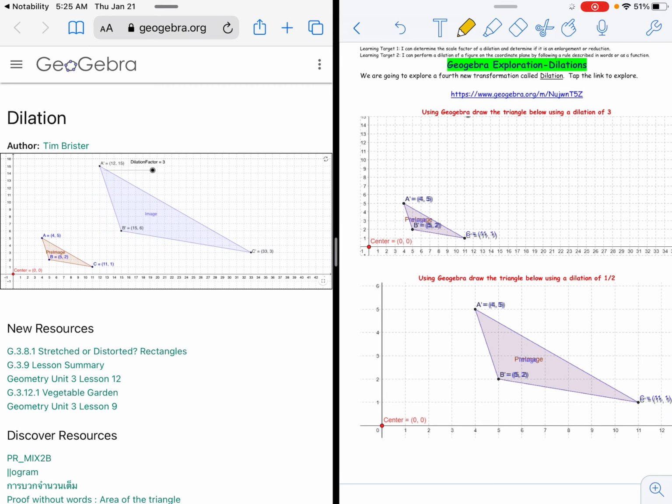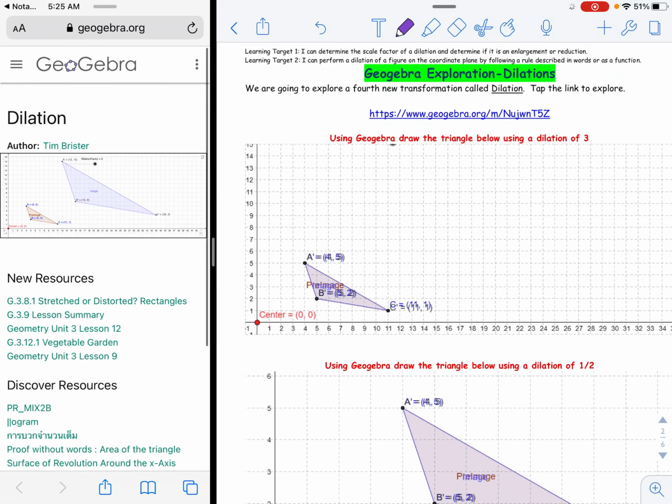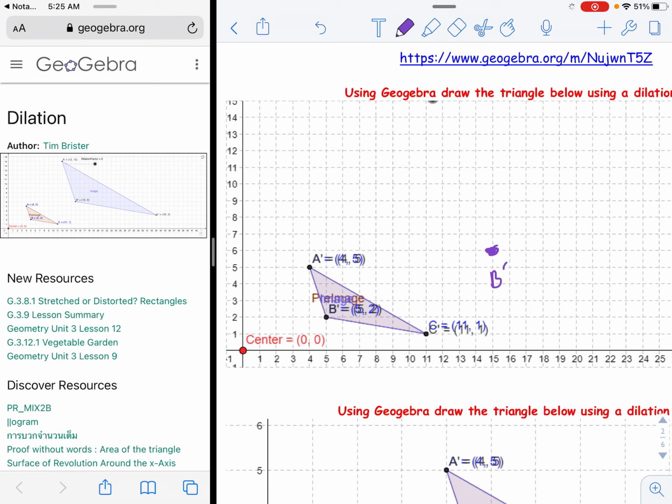So 15, 6 is right there, and that's going to be B prime. C is at 33, 3. And then A is at 36, 40.